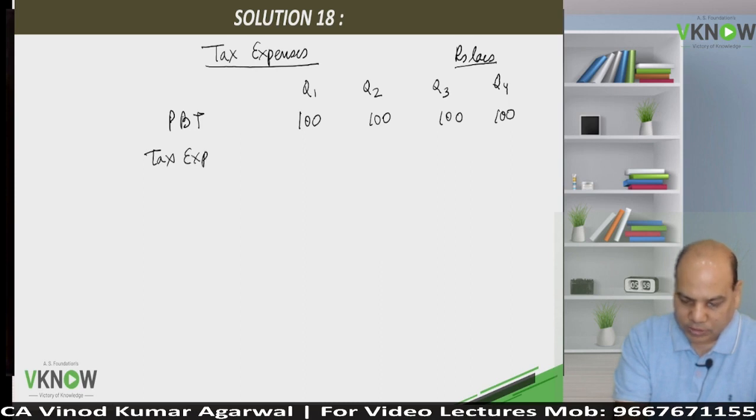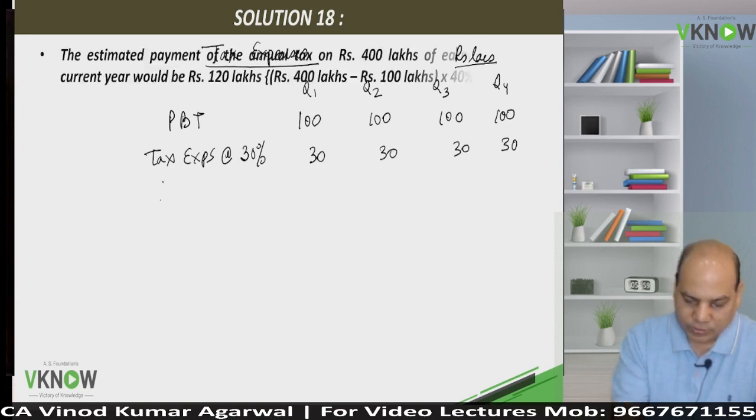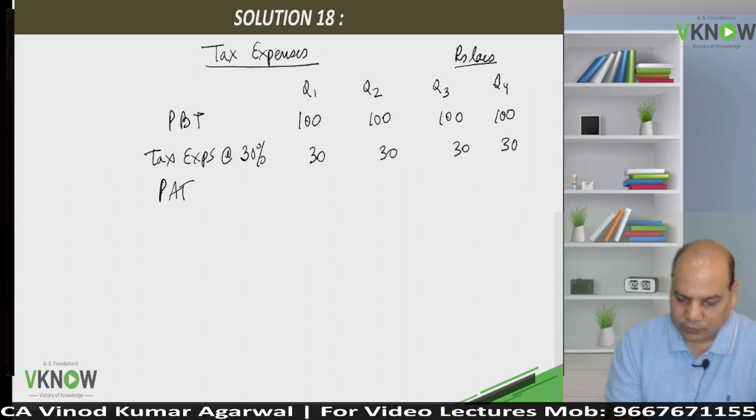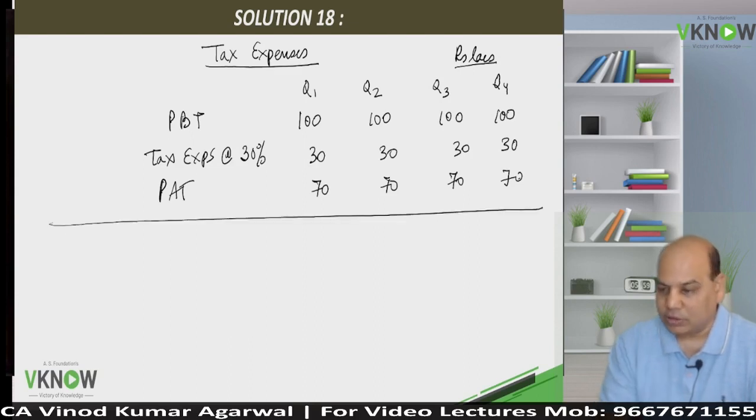Tax expense at the rate of 30% would be 30 each, and therefore profit after tax, they have not asked you, but if they ask you in your next exam, then you can record 70, profit after tax 70. So this would be the answer of this question.